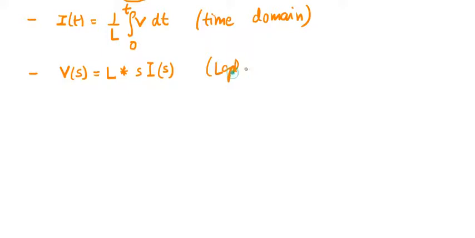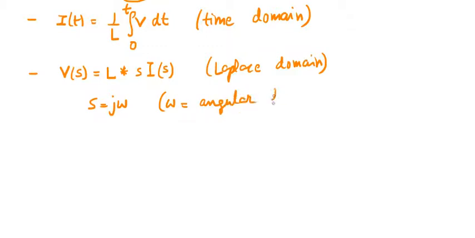Now put s is equal to j omega, where omega is the angular frequency. Therefore, V(j omega) is equal to L into j omega into I(j omega).